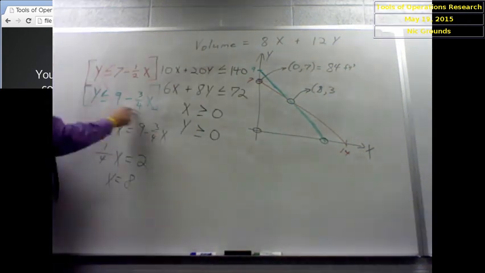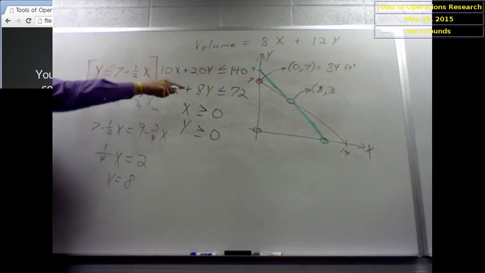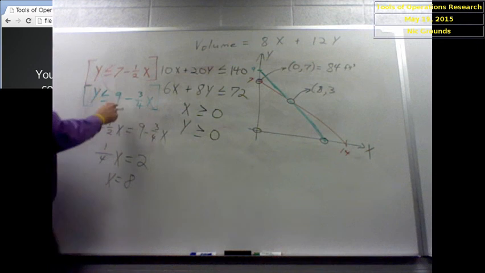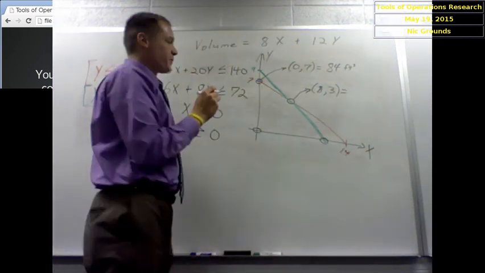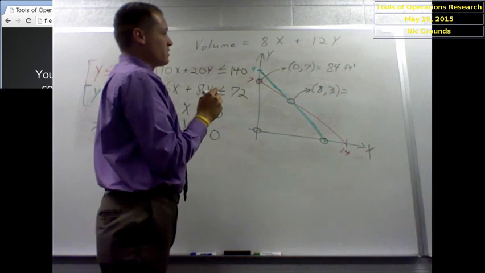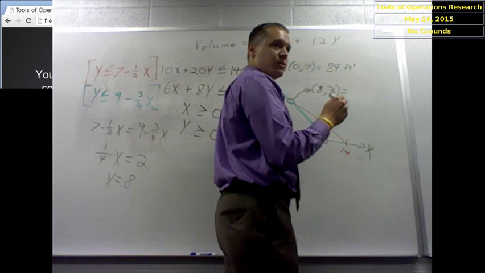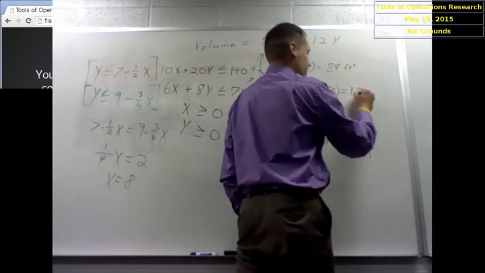Same thing you can say here. 9 minus 3/4 of 8, 9 minus 6 is also 3. Right? That's the point. It's where these two equations meet. So x is 8, y is 3. And the cubic space would be, so 64 plus 36, 96? No, 64 plus 36, 120?